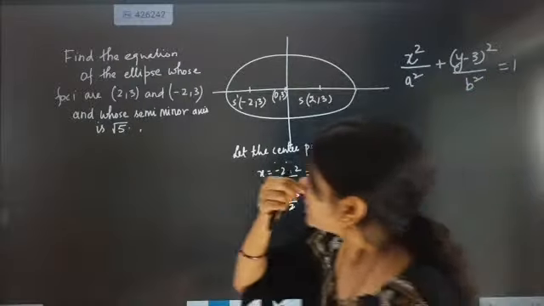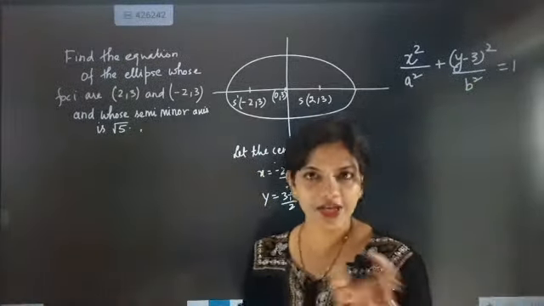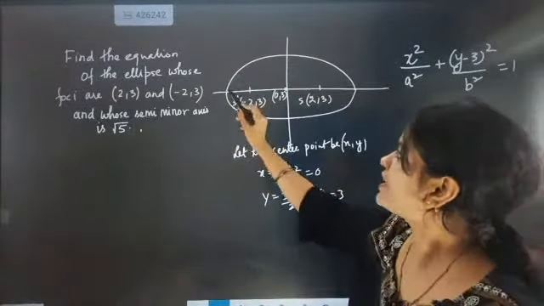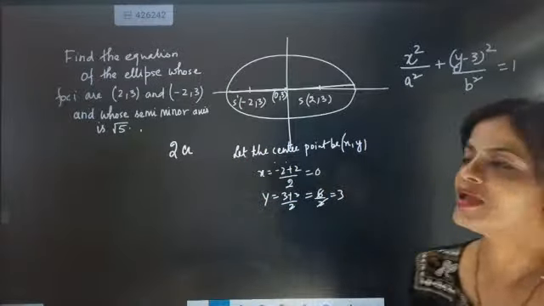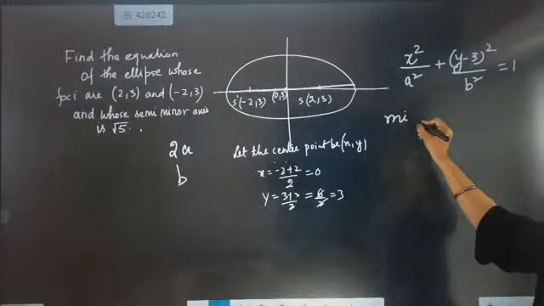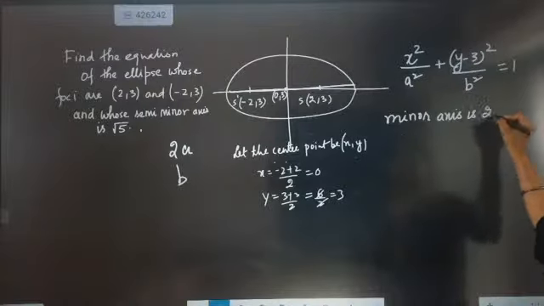But here they have already given the semi-minor axis. If this is the major axis and the major axis is 2a, then the minor axis is 2b.